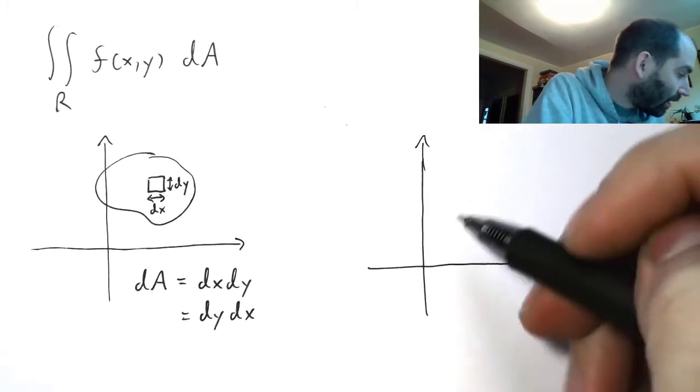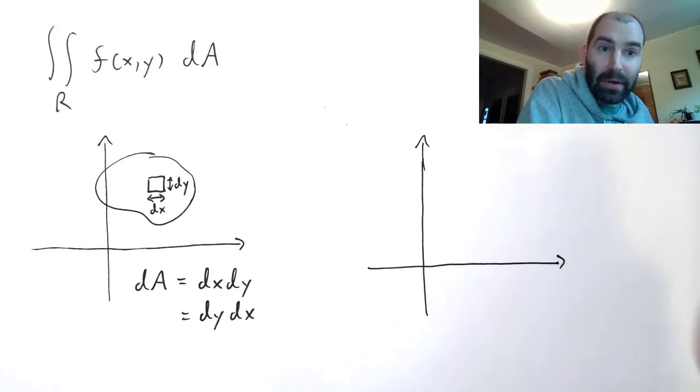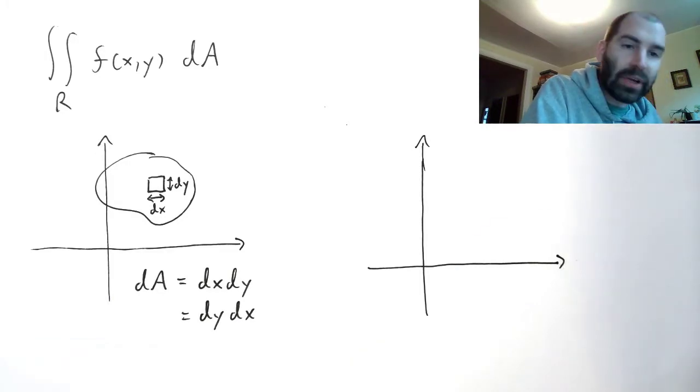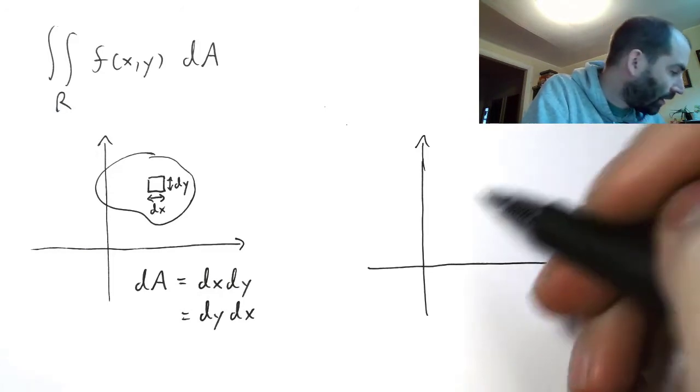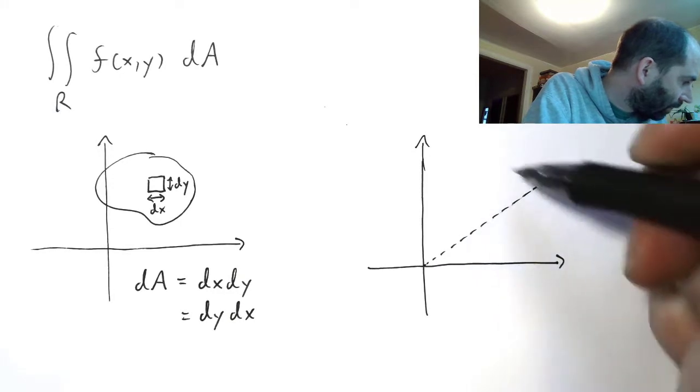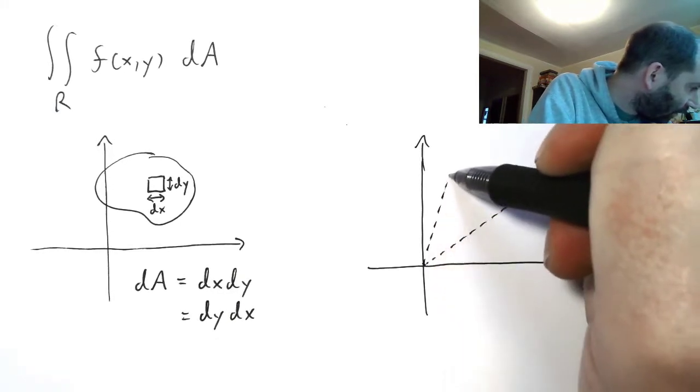So in this case, in polar coordinates, let's think about dr and d theta. Okay, let's think about a small change in r and a small change in theta and see what that gets us. Well, if I look at a small change in theta, we're looking at the difference in two angles, right? So let's look at this angle over here and this angle over here.